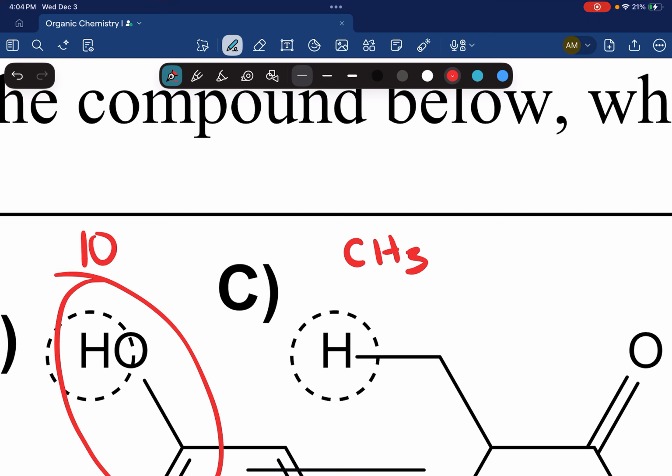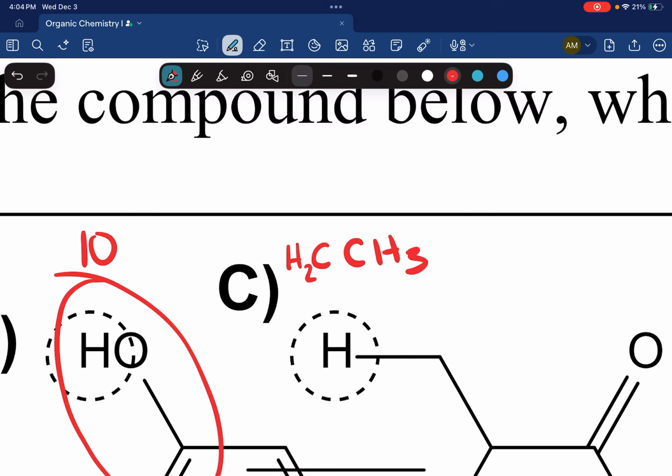So now we're going to look for a CH3, just a normal CH3 connected to a CH2. If you look on your pKa chart, for a plain old CH3 bond, our pKa is about 50.